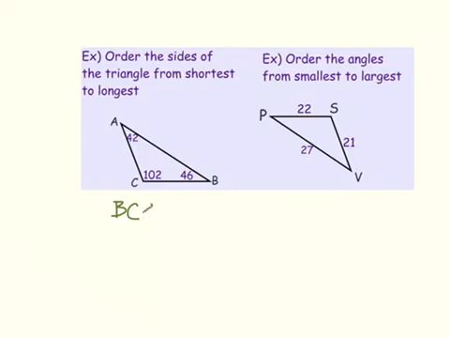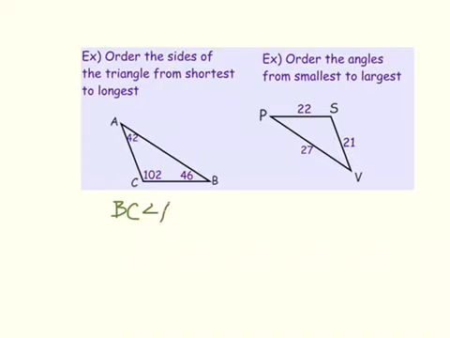And BC is smaller than the next smallest side, which would be opposite this 46-degree angle, because 42 is the smallest angle, 46 is the next smallest angle, so opposite the 46-degree angle is side AC.